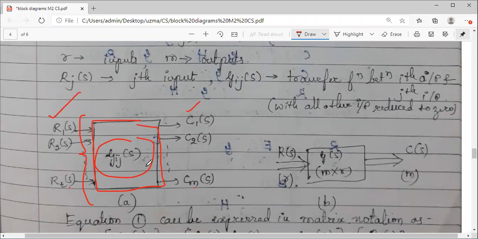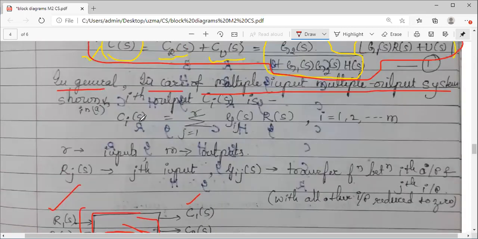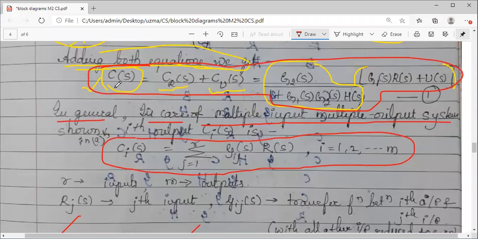What is the transfer function for this? Gij, it's two-dimensional, I into J. So for that block, I can write in this form. This is your generalized output. What I wrote only for 2 inputs, similarly for many inputs and many outputs, how can I write? It is in this form. It is the summation, I have to add all, right?